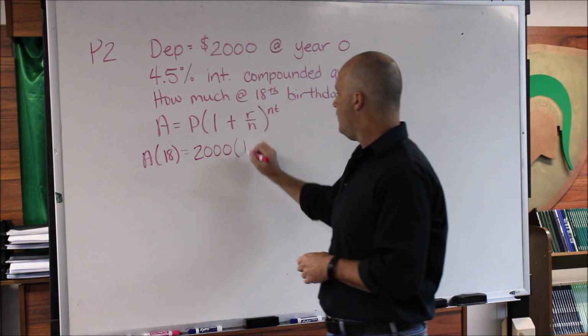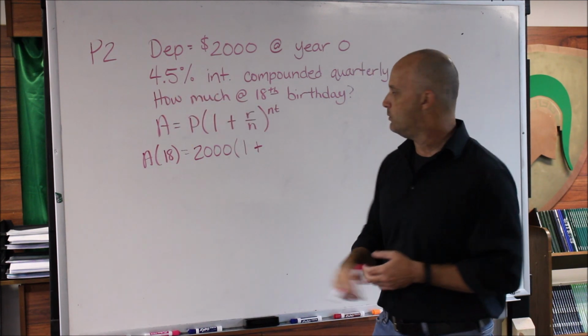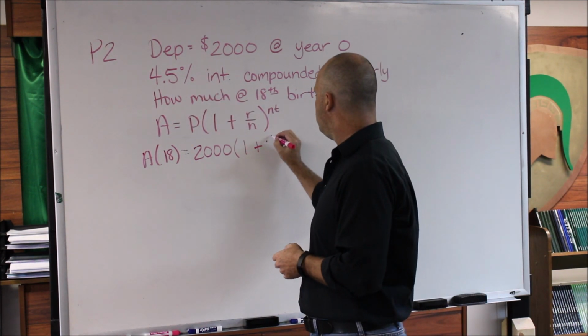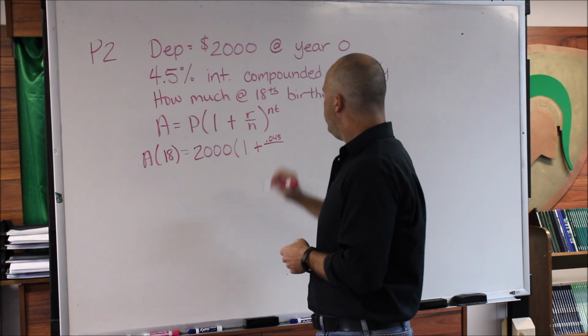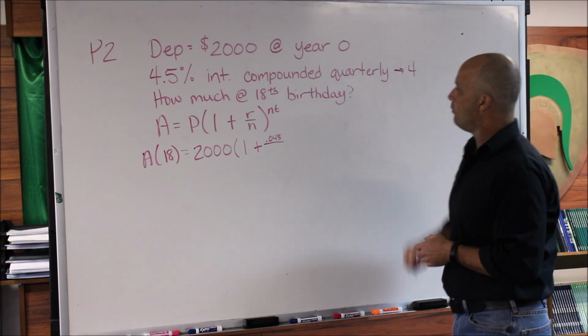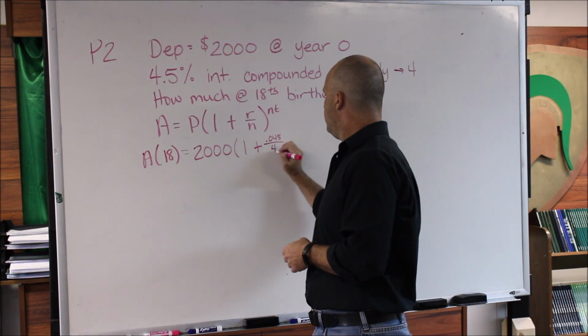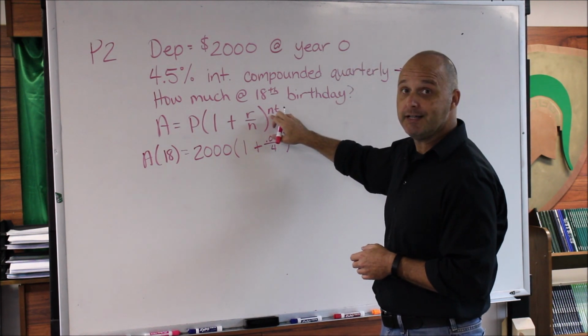Then 1 plus r. r is going to be our rate, which was 4.5%. So change that into a decimal, 0.045. Then divided by the quarterly. Quarterly means 4. So we're going to divide by 4. And then we're going to raise it to the nt.